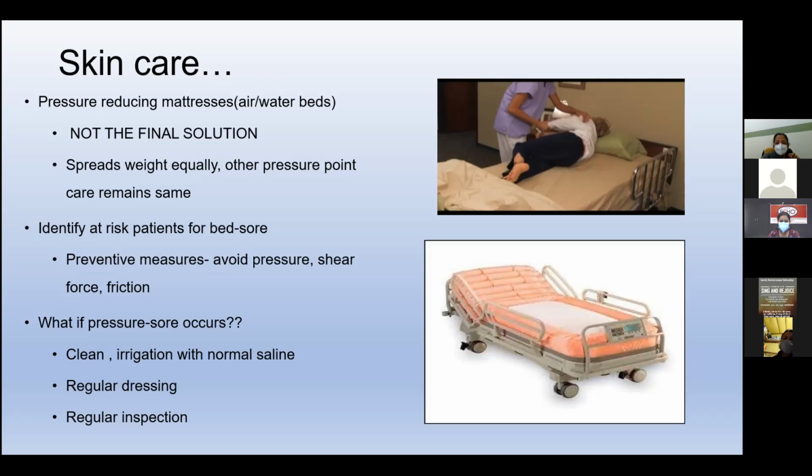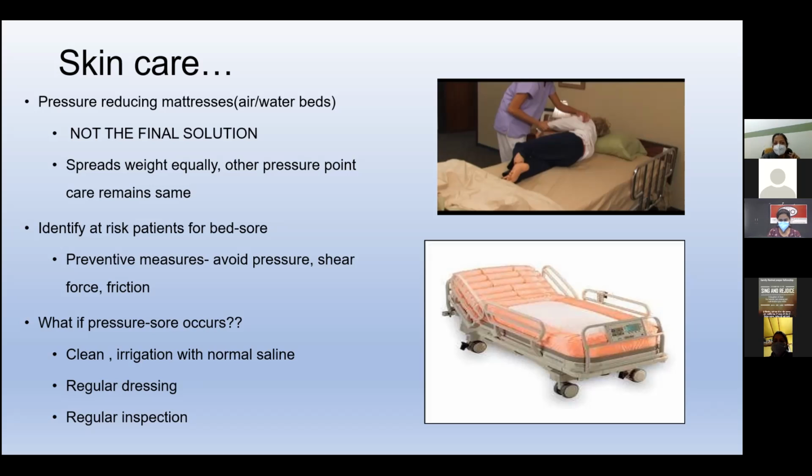But many times what happens is that patients are kept directly over that mattress. Now, mattress would be made up of either rubber material or plastic material. Then it will cause irritation to patient's skin. So patient should never be kept directly over it. Always instruct them to place a bed sheet over this mattress and then place the patient.